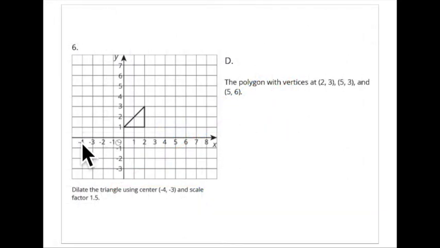This sixth figure is pretty tough. They give you a center of dilation of -4, -3. So it's going to be right there. They want you to use that center of dilation to dilate this triangle with a scale factor of 3 halves.